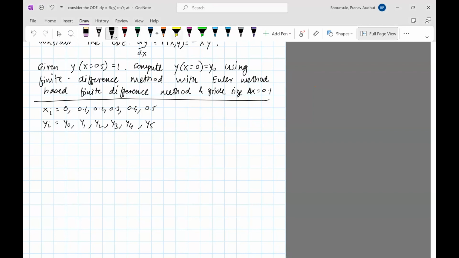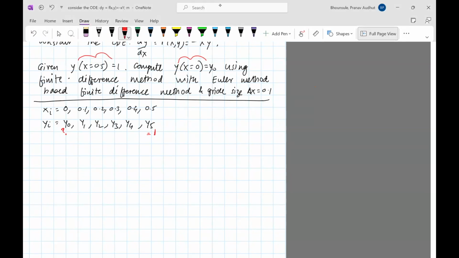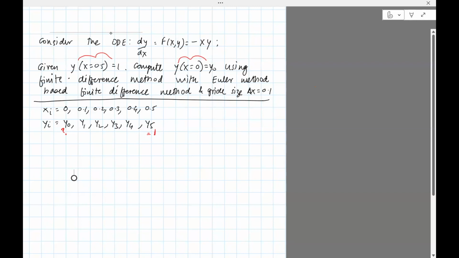Now, what we are asked is to compute y0. We don't know what y0 is, right? This one is the unknown. But y5 is known. It's basically 1. It's this condition here. So we need to set up equations which relate y5 with y0, and in fact all the other variables. For that, we'll use Euler's method, which states that yi plus 1 is yi plus delta x f of xi, yi.